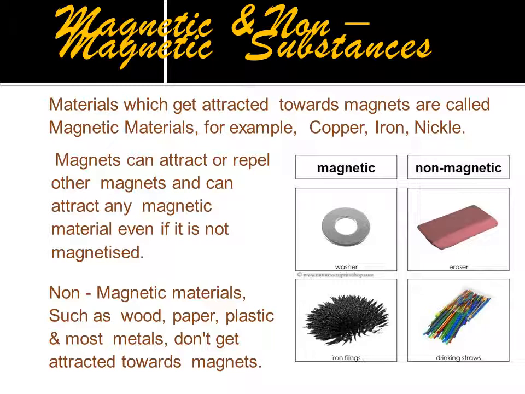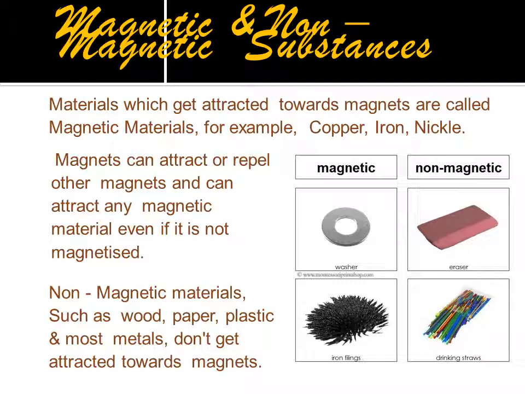If I give you a magnet, but you don't know that it is a magnet, and you put it near a plastic material, will it attract? No. That means, to get attached to the magnet, a material must have magnetic properties.